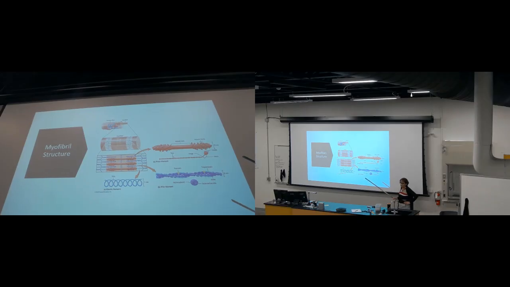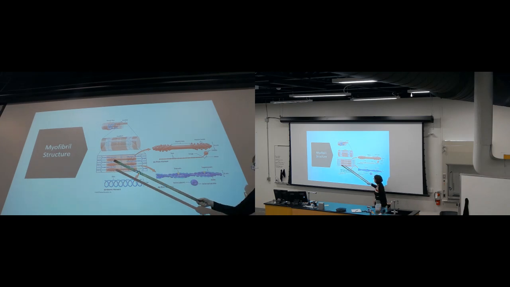So you need to have calcium, and this calcium binds to troponin. Troponin lets go of tropomyosin, and then tropomyosin moves away and exposes these actin active sites so that the head can connect here, and then you have interaction between actin and myosin, pulling actin towards the middle, shortening the sarcomere.